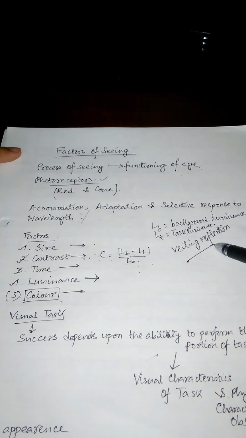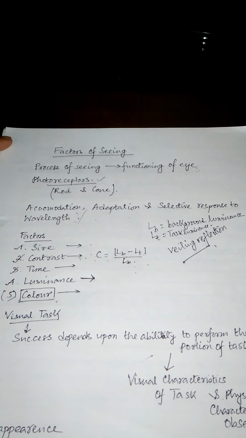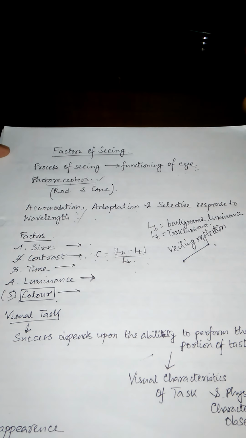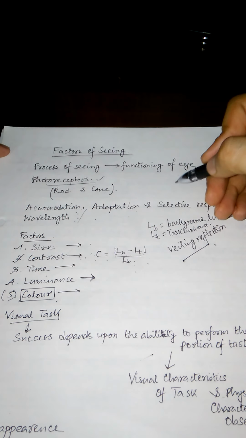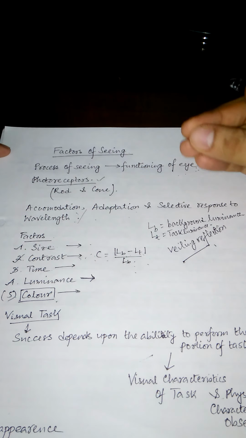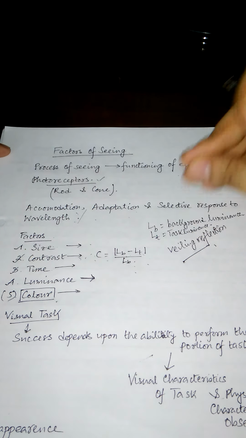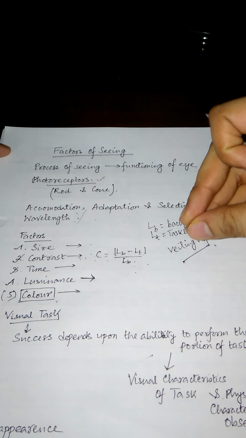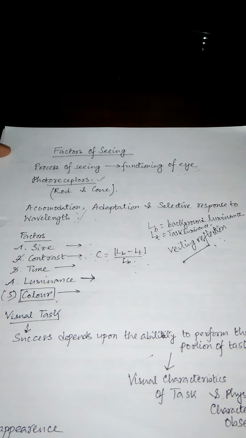Now another term is veiling reflections. This actually occurs and affects our visibility. Suppose we consider the ceiling of a room and light from an object that comes directly to our eyes rather than being absorbed or reflected diffusely from the ceiling. If that happens, then these veiling reflection factors affect our visibility.